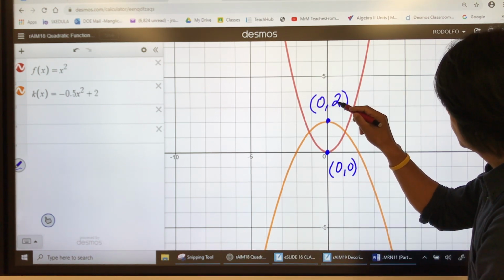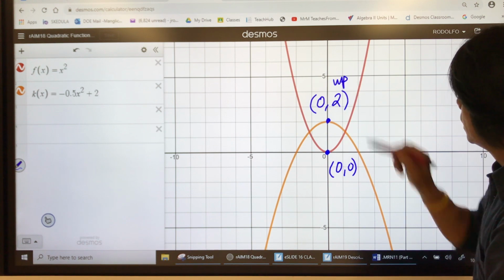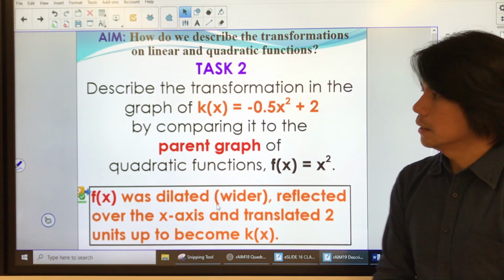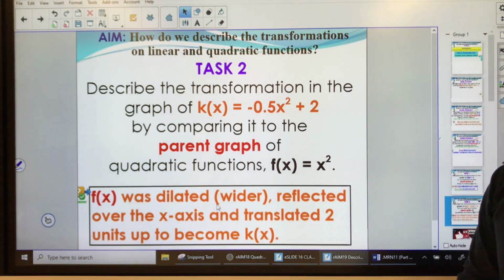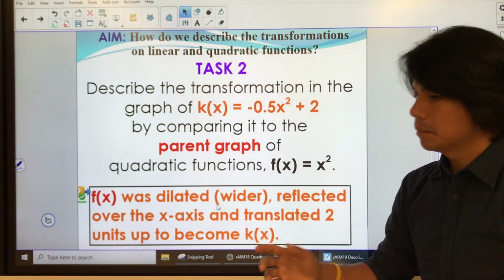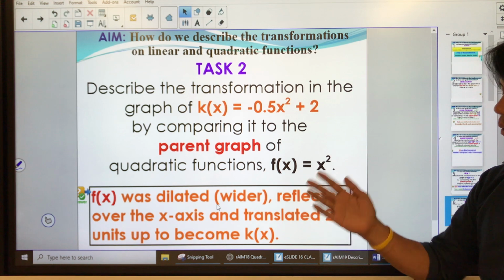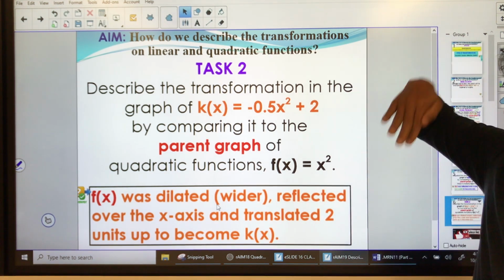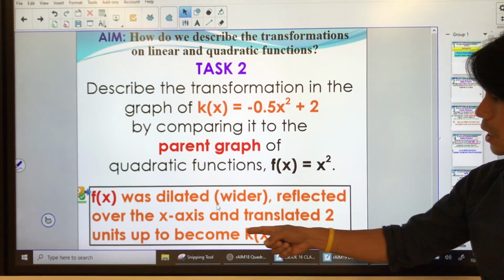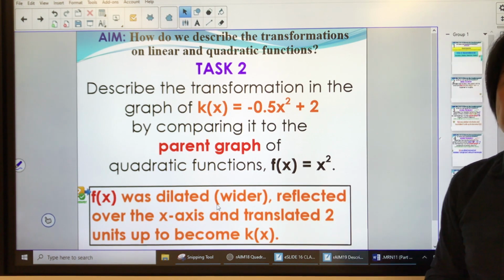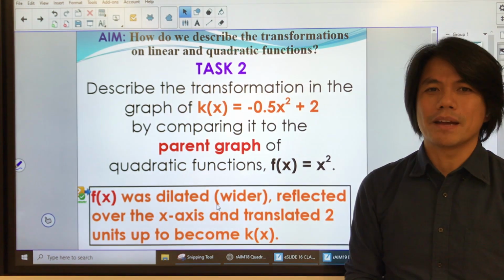But it went up by 2. So again, the transformation is, it was dilated, it's wider, reflected over the x-axis, so it's flipped, before it translated 2 units up to become k of x. I hope you get that right.